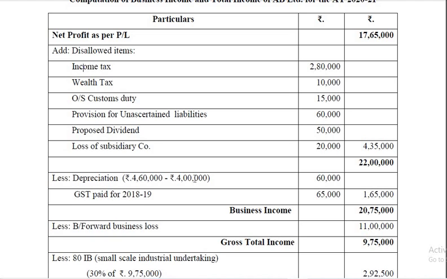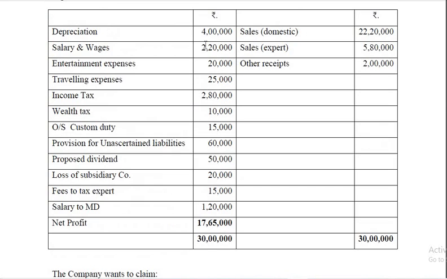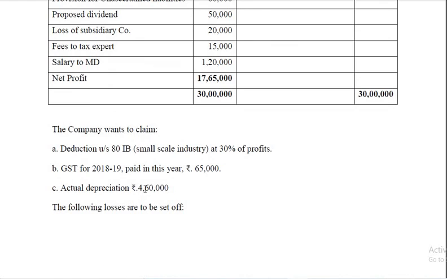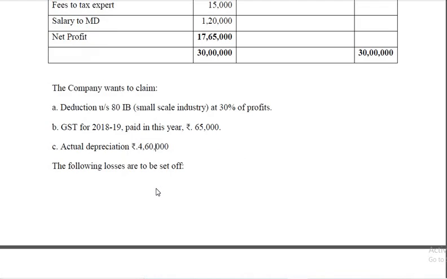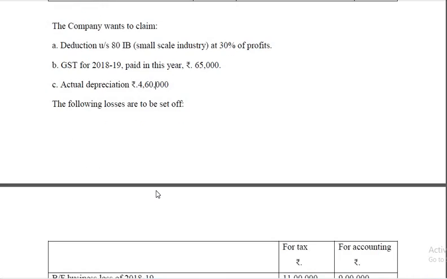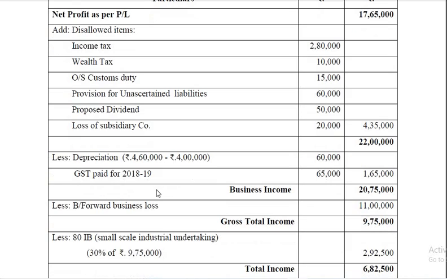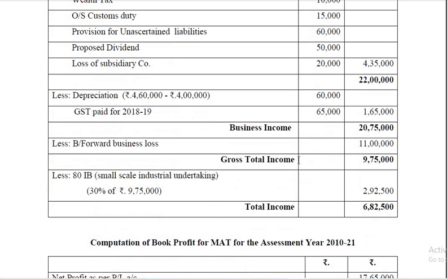What is debited to profit and loss account is 4 lakh, but what is allowed under the Indian Income Tax Act is 4,60,000. So further you can deduct to the tune of 60,000. So 60,000 is deducted. Alternatively, what you can do is 4 lakh you add, 4,60,000 you deduct. Of course, the net impact will be one and the same.